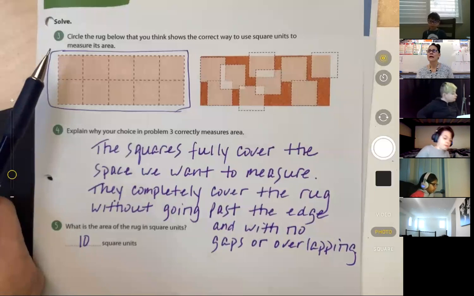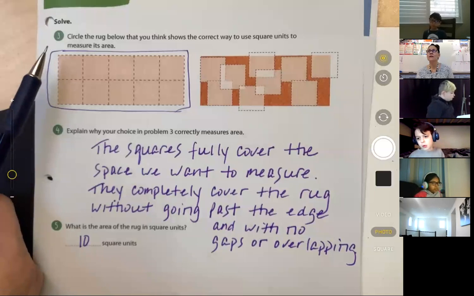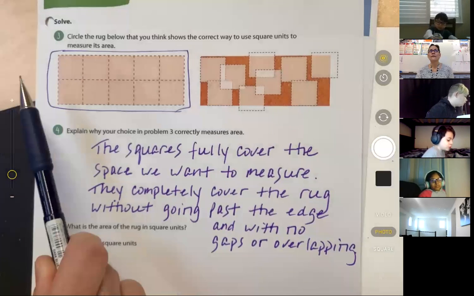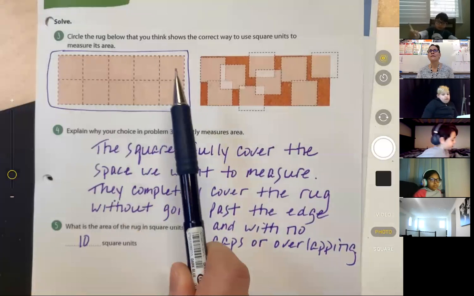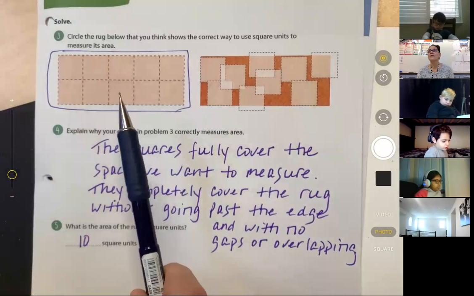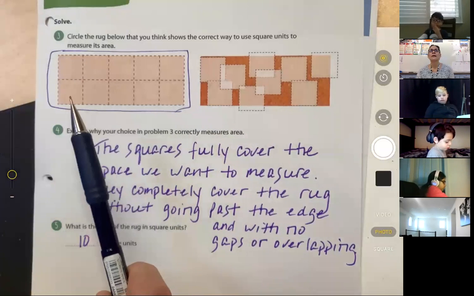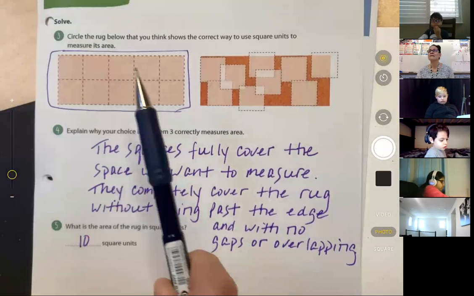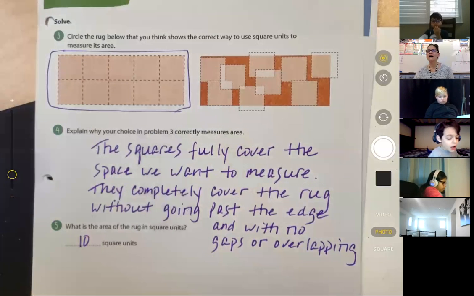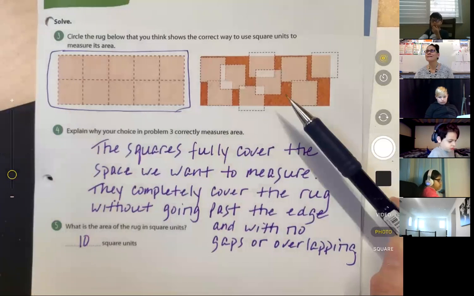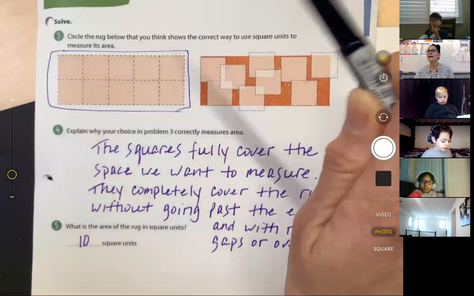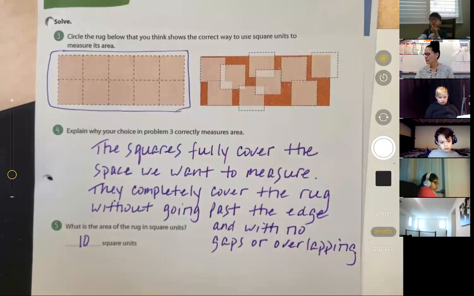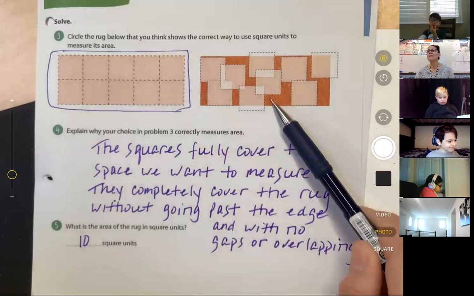So remember yesterday we saw a couple of examples, right? One was nice and beautiful and it covered all of the space inside the two-dimensional or flat shape. And then we saw one, there was a hot mess. It was just all over the place, right? So this, we just know, that's a no.